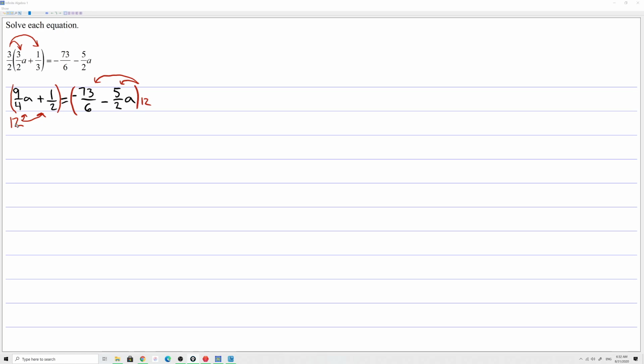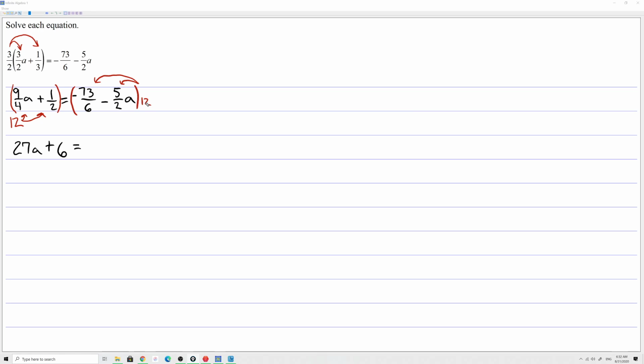All right, well, I need to multiply 12 times 9/4. Remember, we're doing this to get rid of the fraction, so hopefully something cancels. Well, 12 divided by 4 is 3, and 3 times 9 is 27. So we have 27a, and then 12 times 1/2 is 6.